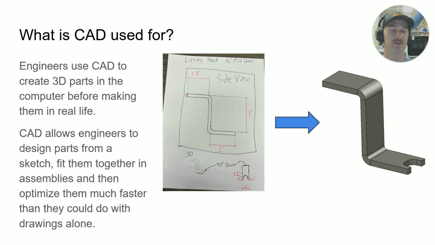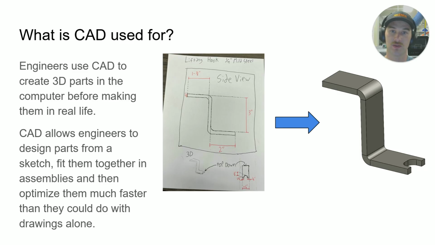Sometimes you'll be drawing out your part in the conceptual phase, but it won't be very accurate. And you basically have no real reason to do real drawings anymore. CAD is the way to go. So it's really good that you're learning this because this is an extremely useful skill in industry.